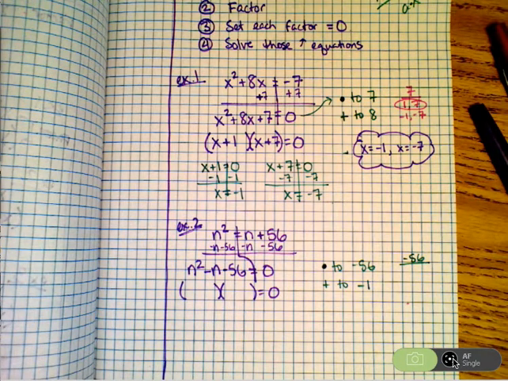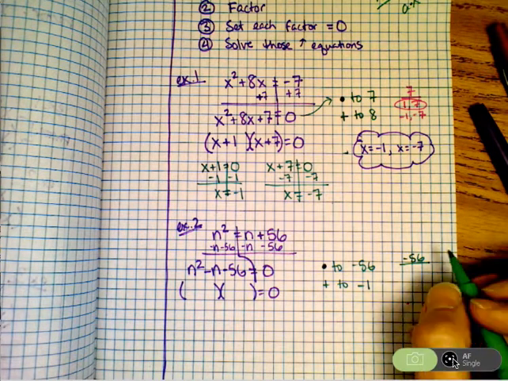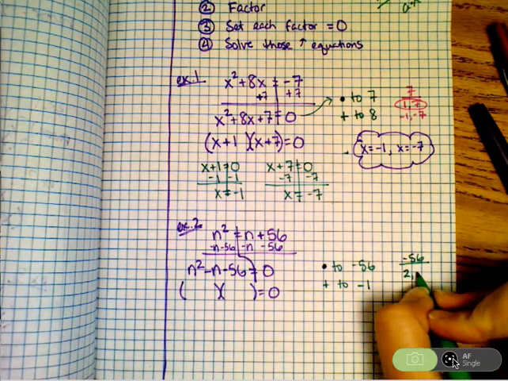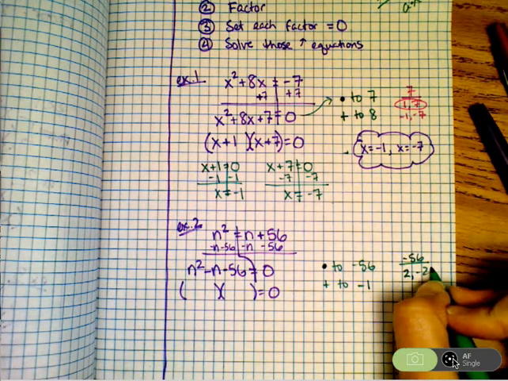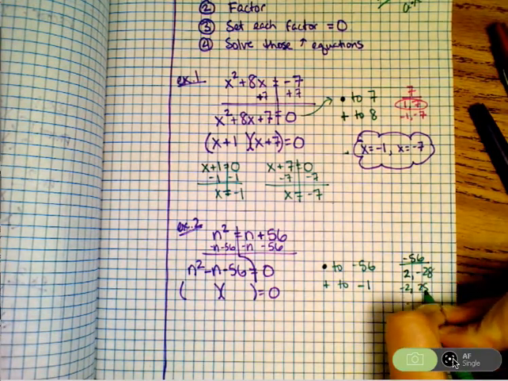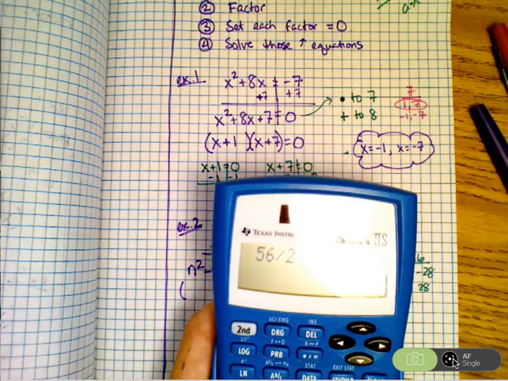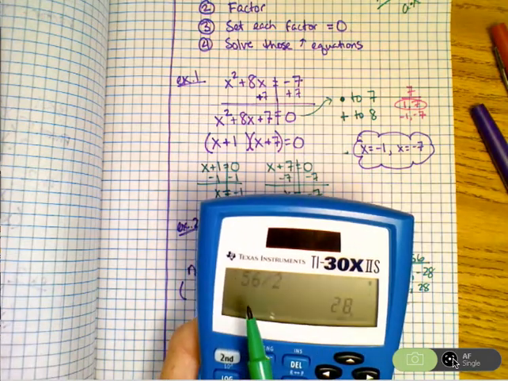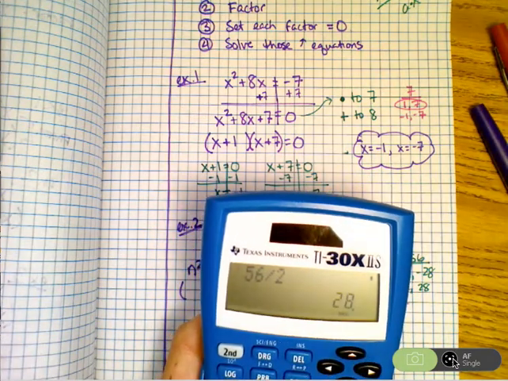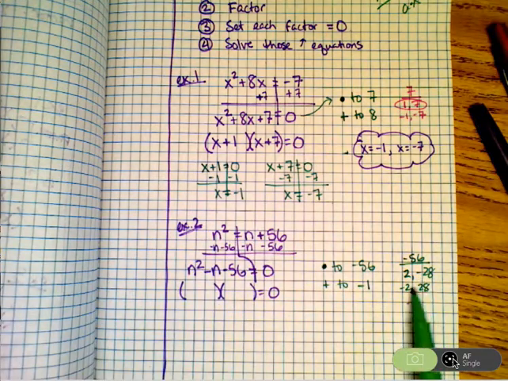What I will do is try some other numbers. So 56 I know can divide by 2: 2 and -28, or -2 and 28. And I actually have a calculator here. You can see I did 56 divided by 2, and I saw that it was 28. So I knew one of those has to be negative, but neither of those add to -1.